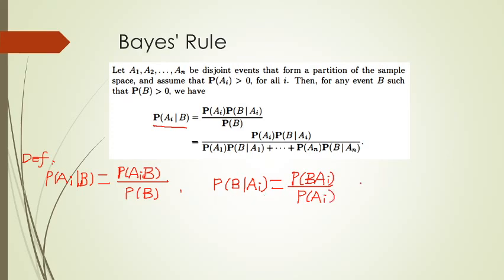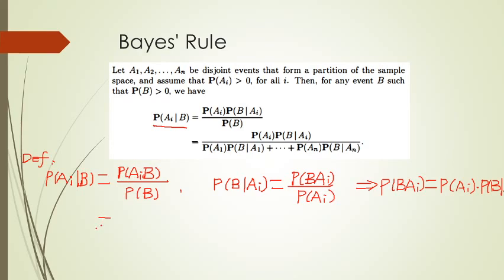Now we can rewrite the intersection, or rewrite the conditional probability in this way: probability of AI times probability of B given event AI occurs. So the probability of AI intersect B and the probability of B intersect AI are the same.